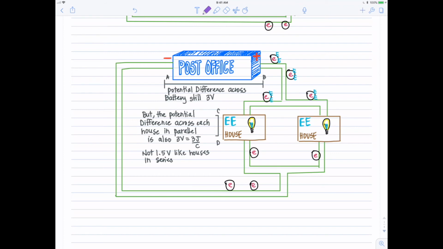So you can predict here that if you were to take a reading on the voltmeter of the potential difference across each of these houses, you would get a reading of negative 3 volts across each house, because each coulomb is losing a total of 3 joules of energy by passing through the resistor. And that's why each bulb set up in parallel, when there's two bulbs set up in parallel, they are just as bright as the bulb that is in series.